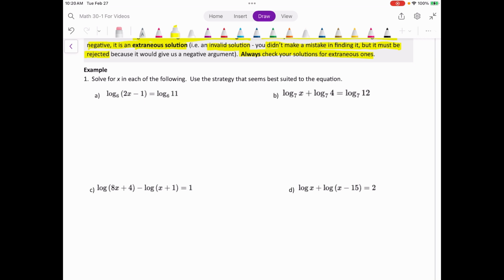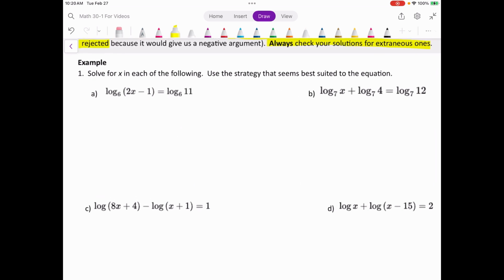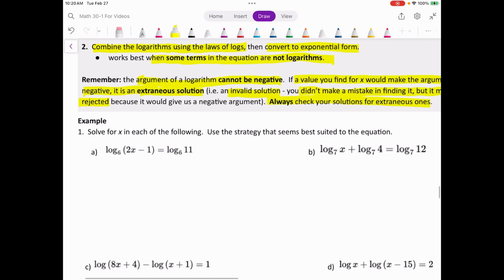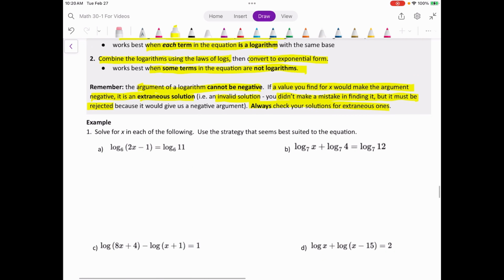So looking here, okay, we've got log base 6 of 2x minus 1 equals log base 6 of 11, okay? Well, this one's actually a pretty easy one right off the bat because, look, if log base 6 of 2x minus 1 is the same thing as log base 6 of 11, well, then 2x minus 1 must be the same thing as 11.